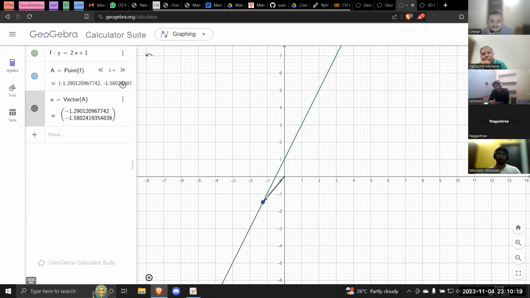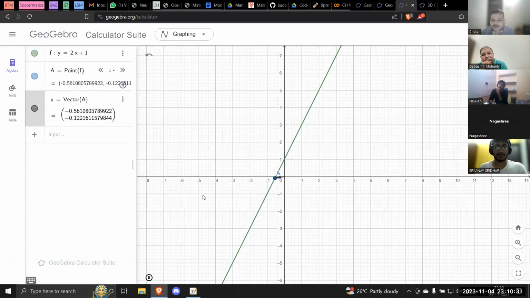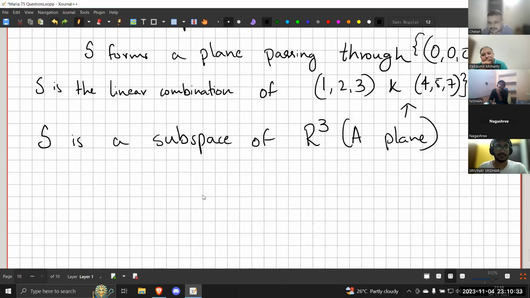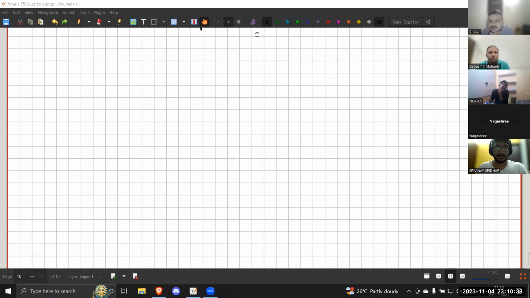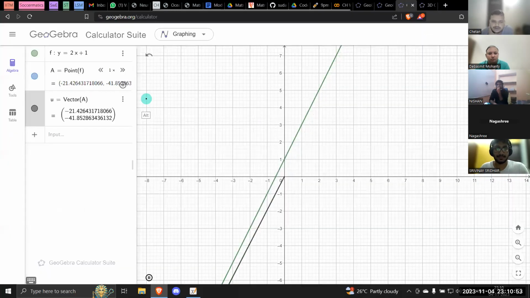Can we call this line y equals 2x plus 1 a subspace? Okay, Chittu says no, we can't call it a subspace. Why, Chittu Raja?